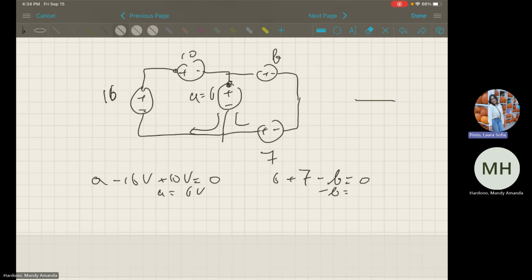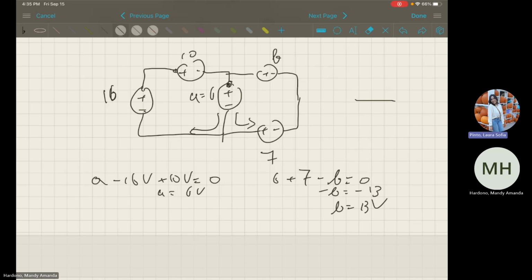So 6 plus 7 minus B is 13 minus B equals 0, so B is 13 volts. You guys get that? Wait, hold on. So you're starting at the top of A, right? Yes. So you go down. Yeah, 6 plus 7, 13 volts.